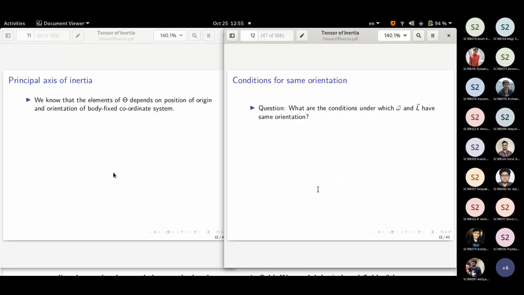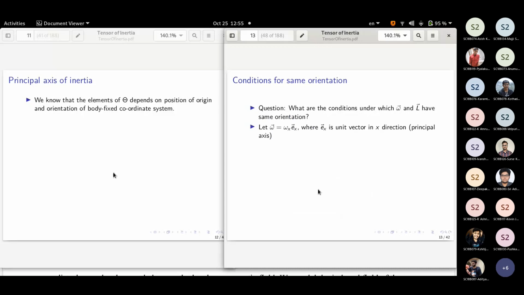So let us see in general what the conditions are under which the angular velocity and angular momentum vector will have the same orientation. Basically, angular momentum L should be a scalar multiple of the angular velocity vector.